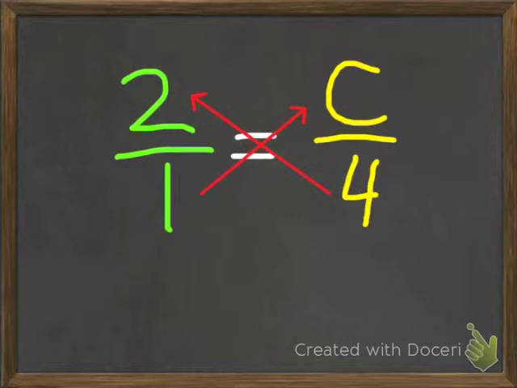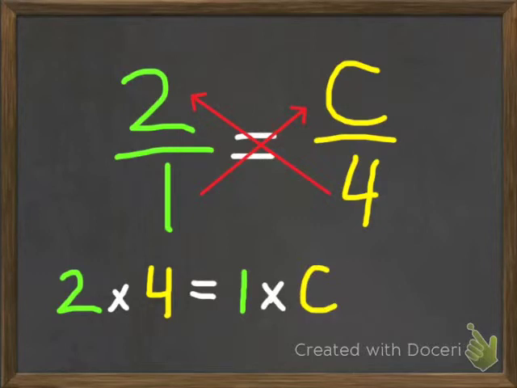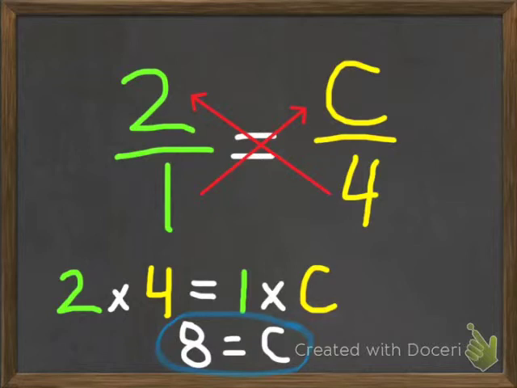If you look at the red, it makes an X, and in math, when you have an X, that means to multiply. So we're going to cross multiply, so that gives us 2 times 4 is equal to 1 times C. So if we just do our 2 times 4, then that will give us our answer of 8. So to make this proportion true, C would have to be equal to 8.